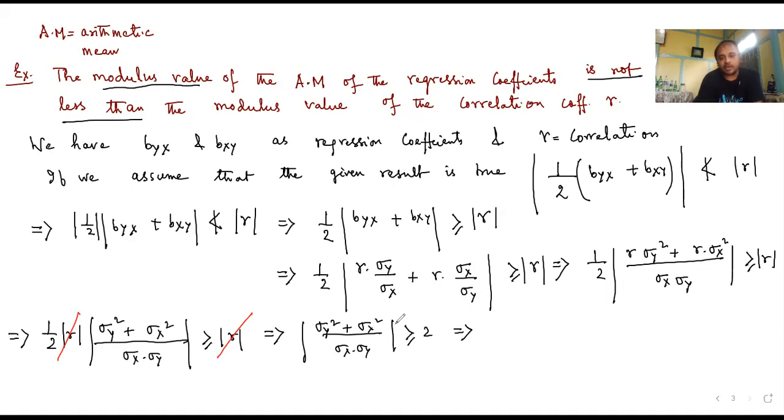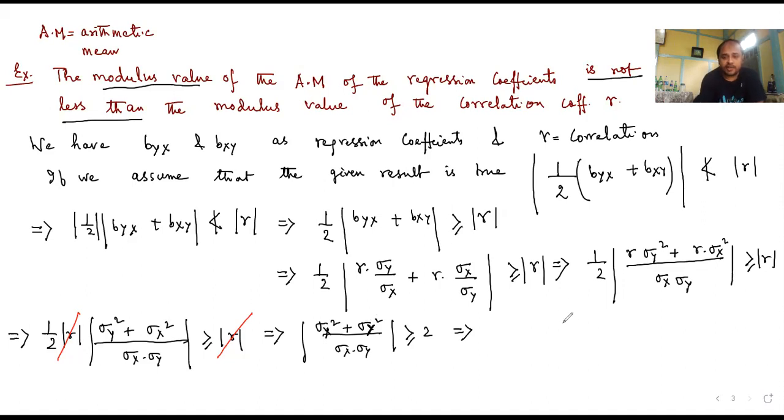Now carefully observe that sigma x squared and sigma y squared are variances, and variance is always positive. Sigma x squared is a variance, it's always a positive quantity. Sigma y squared is a variance, it is always a positive quantity. The sum of two positive quantities is always positive. The product of two positive quantities is always positive. And the absolute value of a positive quantity is a positive quantity.